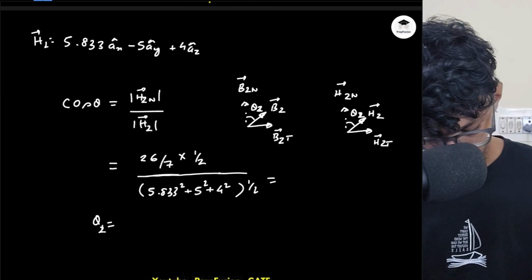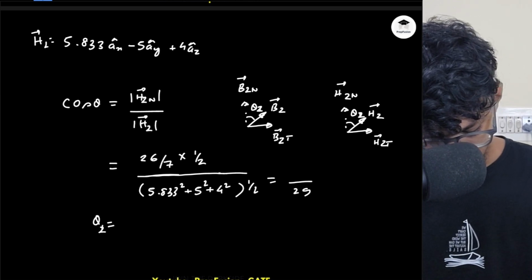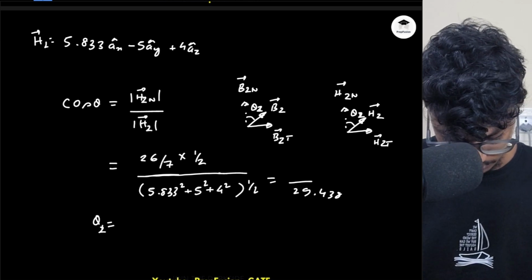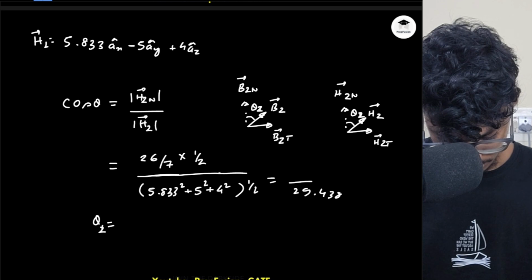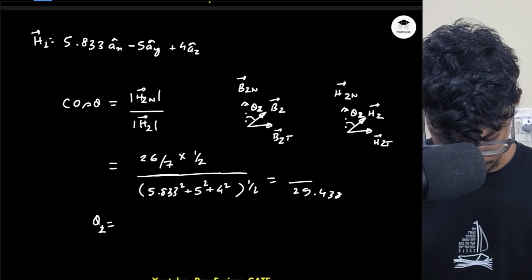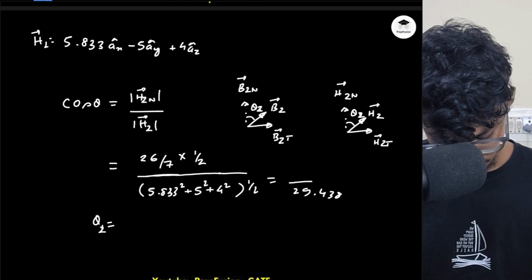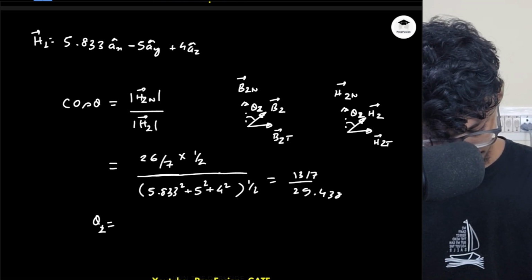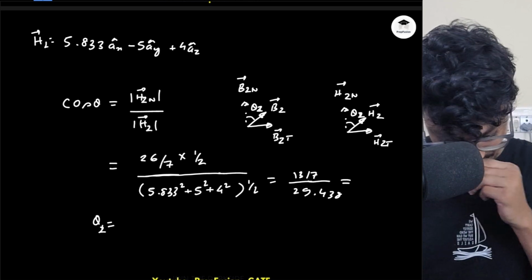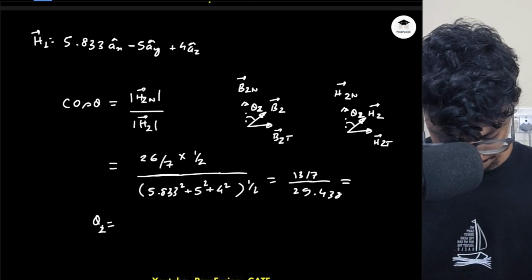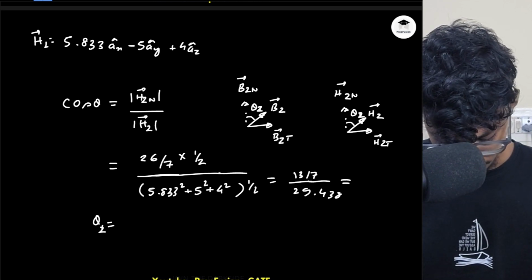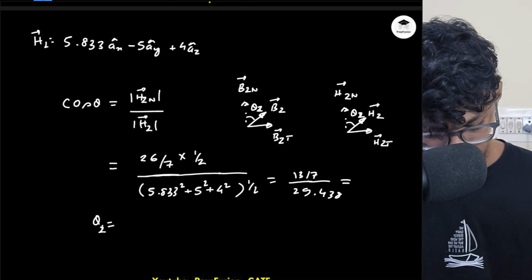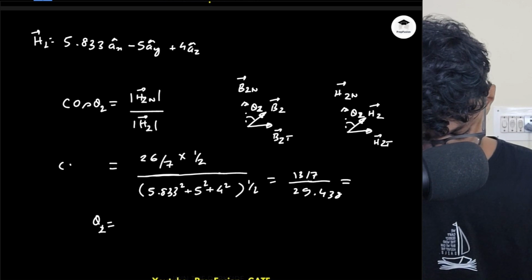If I take the whole under root, it will be 29.438, and this will be 26 divided by 2 divided by 7, which is 13 by 7. So this 29.438 cos inverse, this is my cos theta 2.